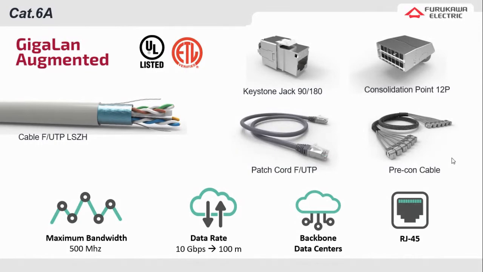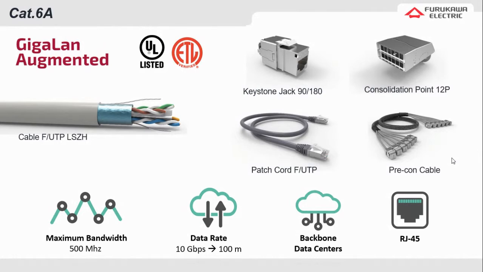Again, our CAT.6A cables are also manufactured with an LSZH jacket, and our portfolio includes all the necessary accessories: patch cords, the keystone jack, consolidation points, and even pre-terminated trunk cables, which are formed by a 6-cable bundle. They can be assembled with either male or female connectors, and it is ideal for plug-and-play installation.